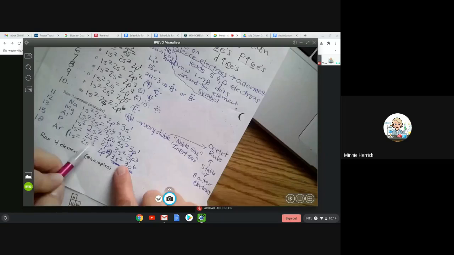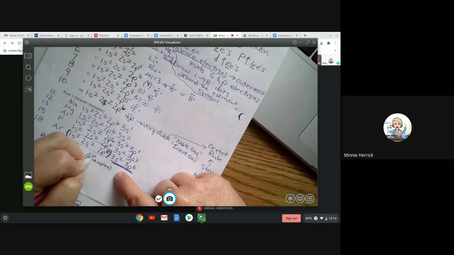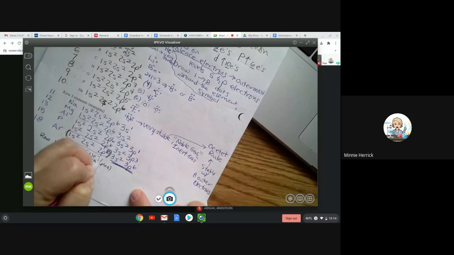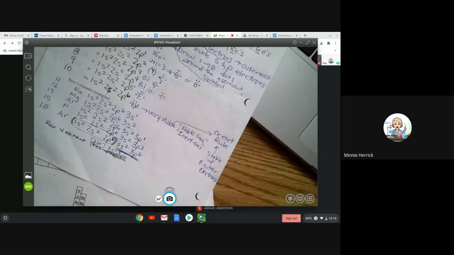We could do phosphorus a little shorter by making all of this section represented by the previous noble gas and call it neon in brackets, and then just writing 3s2, 3p6. And see, what's really most important is these outermost electrons. The inner levels are important, but it's the outermost that dictate how the element's going to react.